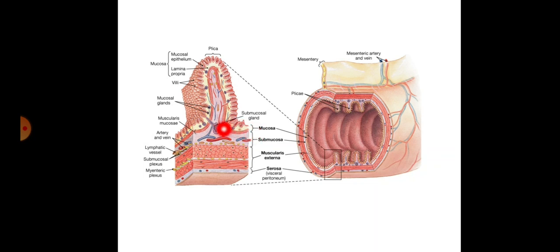Deep to it is a layer of smooth muscle known as muscularis mucosa. So mucosa is subdivided into lining epithelium, lamina propria, and muscularis mucosa.